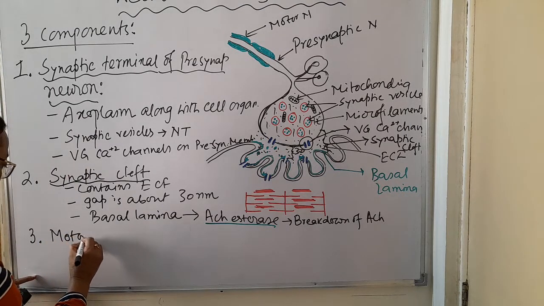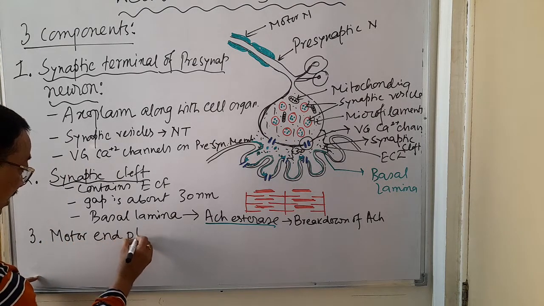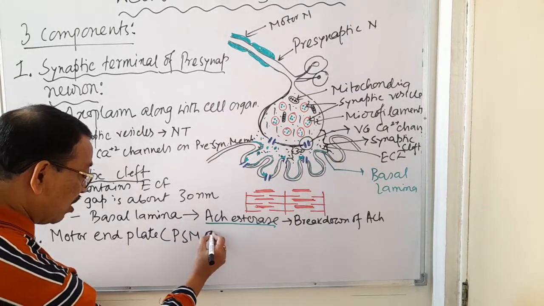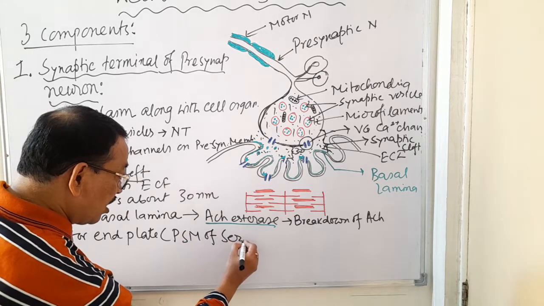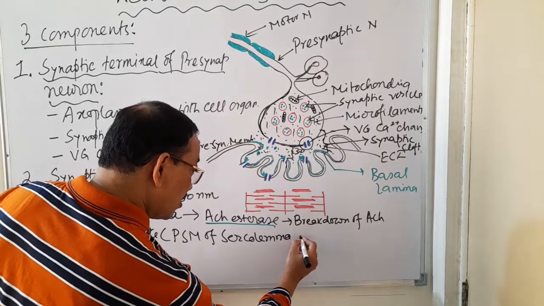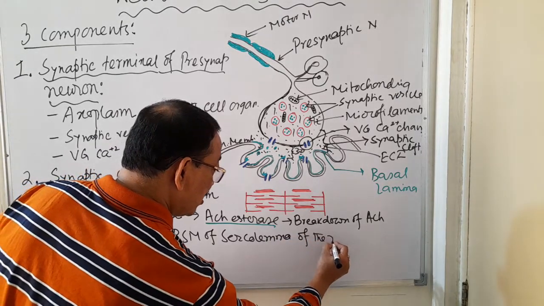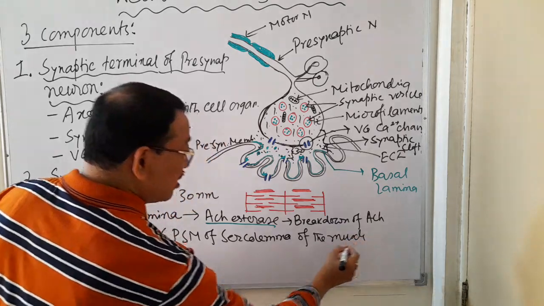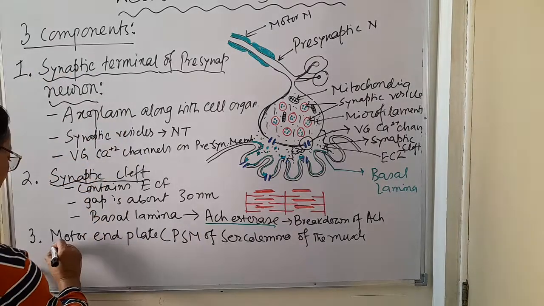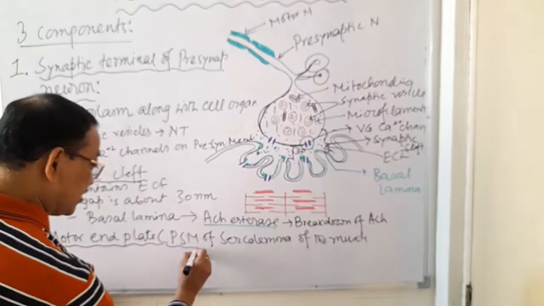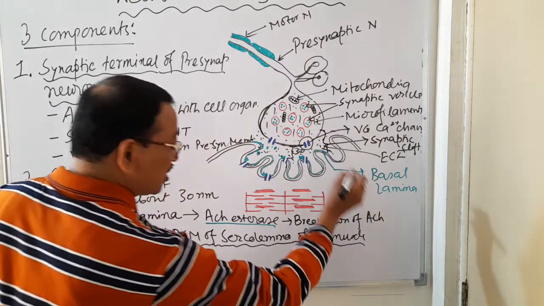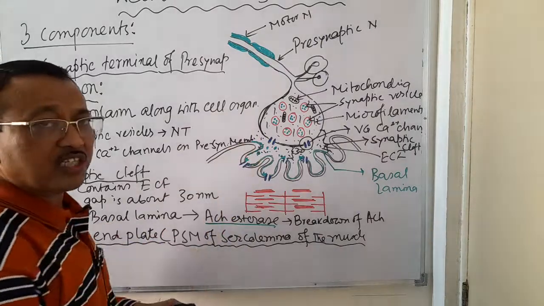The motor end plate is basically the postsynaptic membrane of the sarcolemma of the muscle on which the nerve invaginates. So this is the third component of the neuromuscular junction.